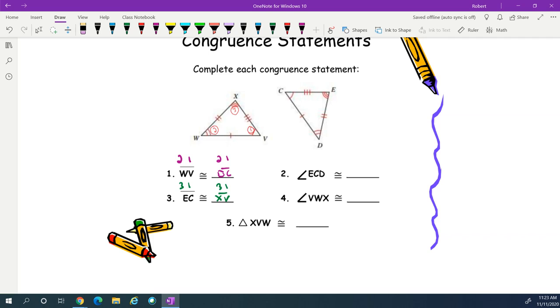ECD. So we need to find that. E is 3 arcs, C is 1, and D is 2. Well, we're going to match it, 3, 1, 2.